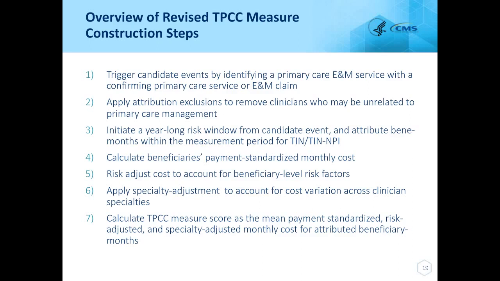This accounts for differences in costs that are inherent to different clinical specialties. And then the last step is to calculate the measure score. What you end up getting is the average or mean payment standardized, risk adjusted, and specialty adjusted monthly cost for attributed beneficiary months. Next slide, please.